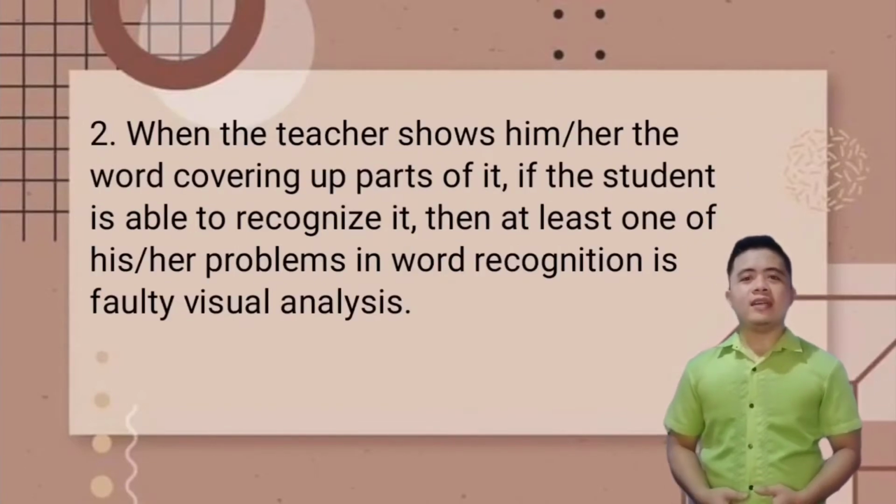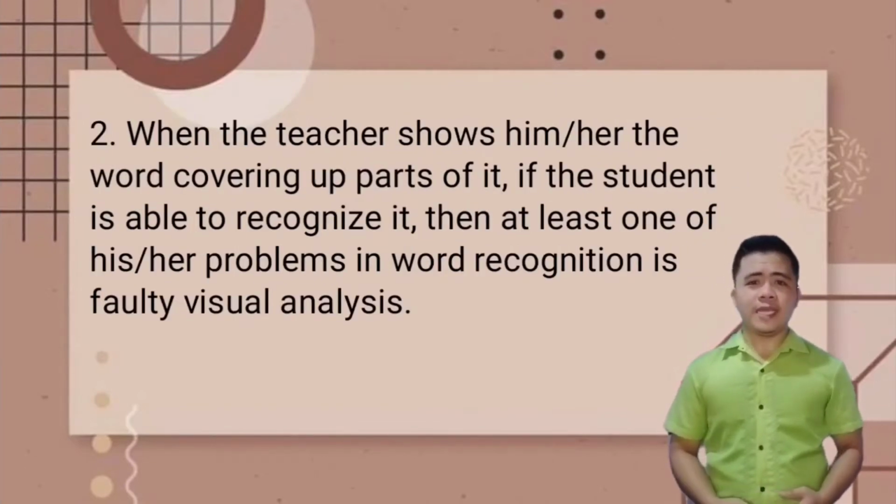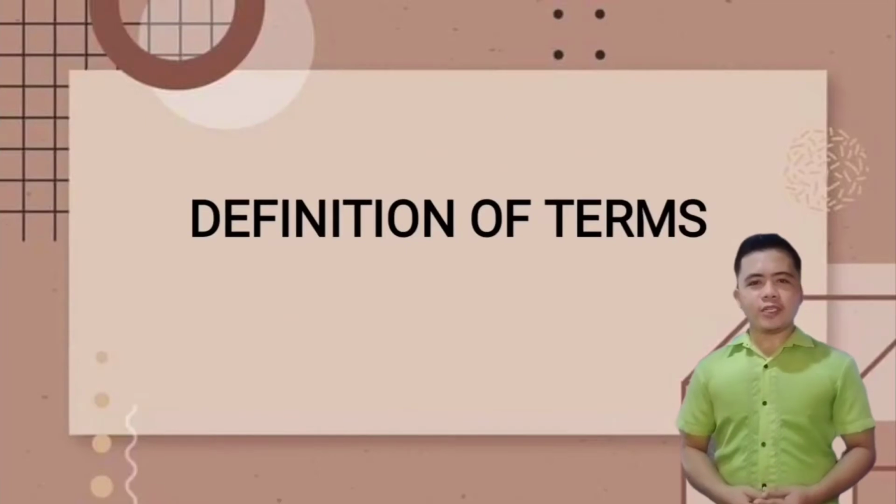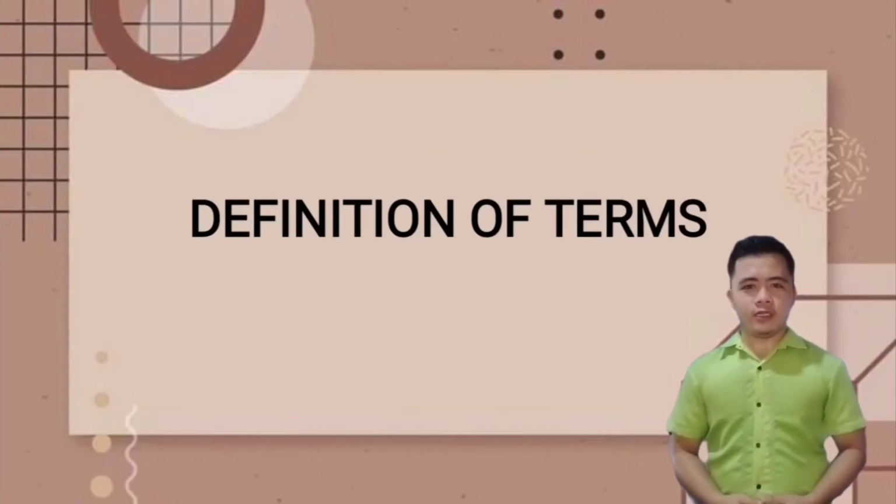Second, when the teacher shows him or her the word covering up parts of it, if the student is able to recognize it, then at least one of his or her problems in word recognition is faulty visual analysis.